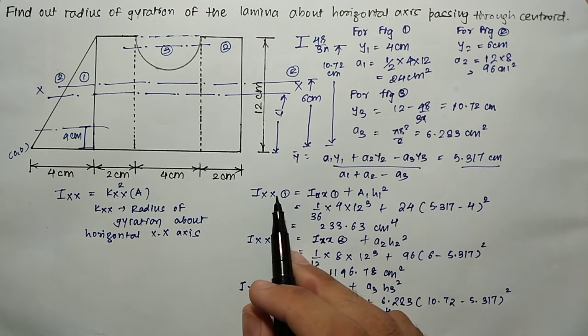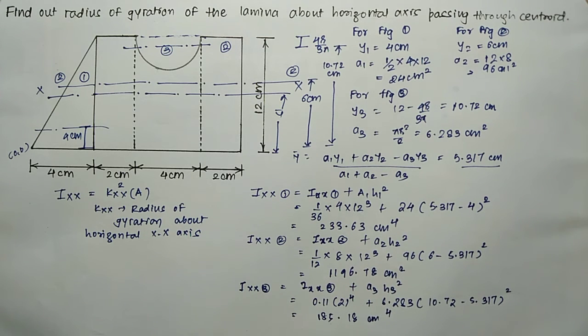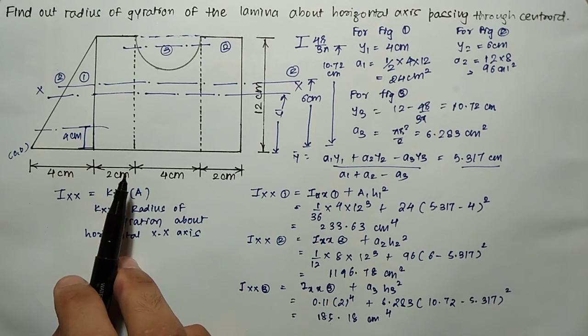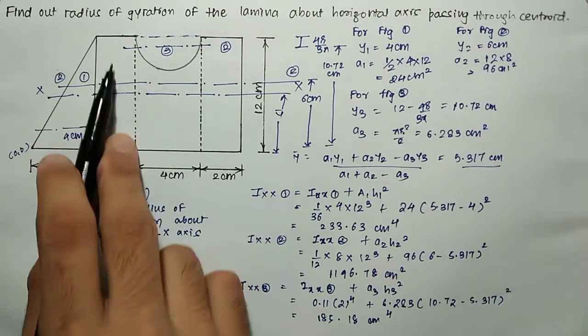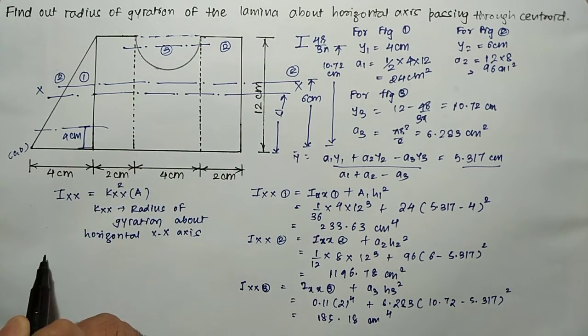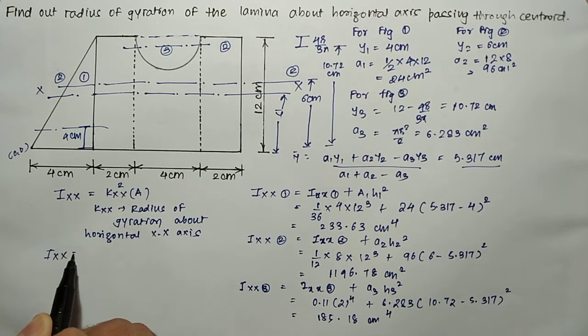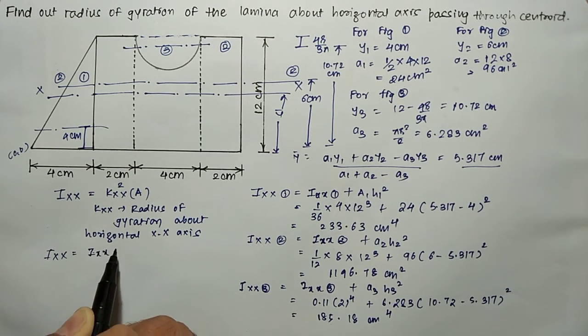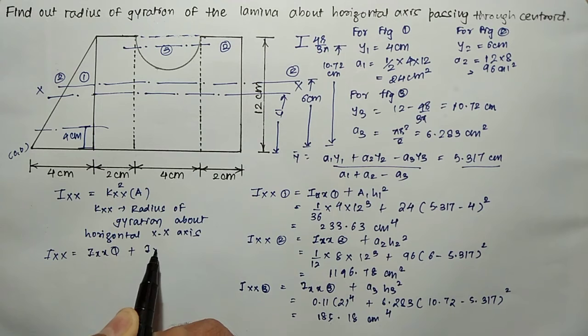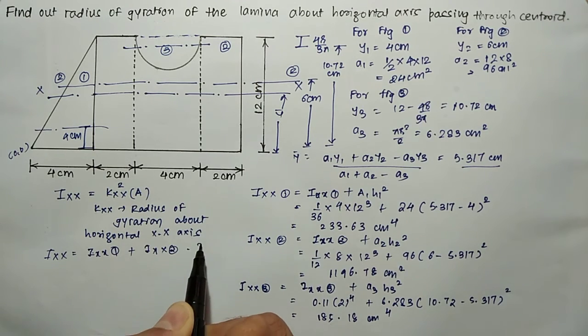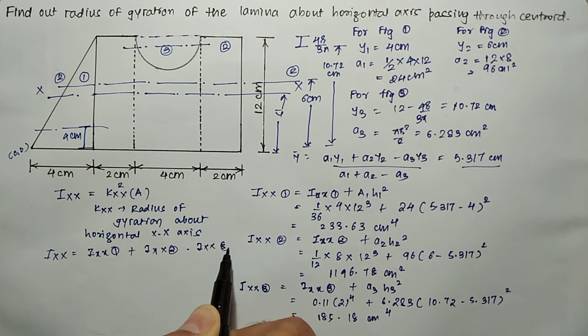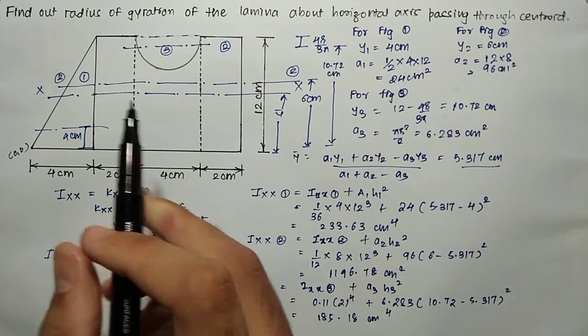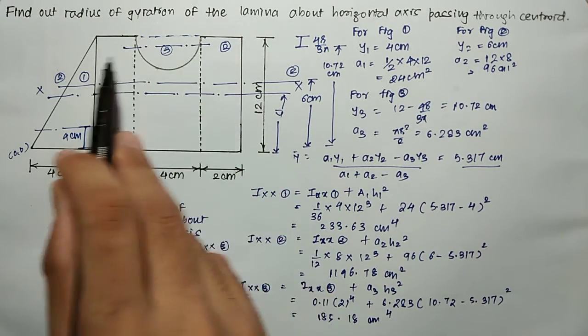So we have obtained the value of Ixx1, Ixx2 and Ixx3. So the total moment of inertia of this lamina about this axis xx can be obtained as Ixx, that is nothing but Ixx1 plus Ixx2 minus Ixx3. We have subtracted Ixx3 because there is a semicircular cut in the rectangular region.